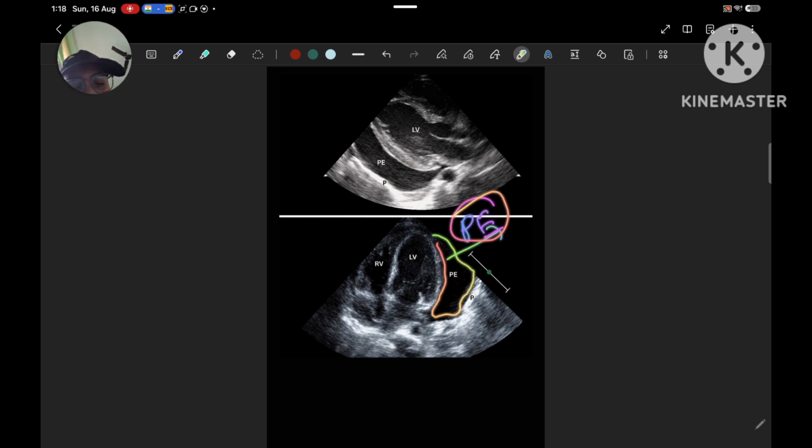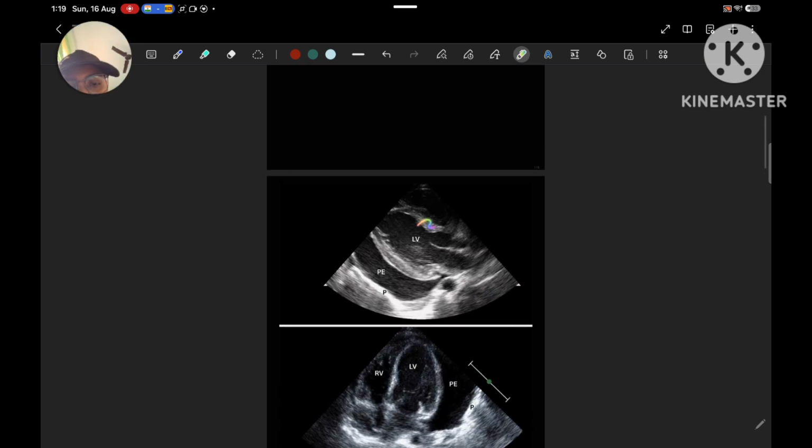This is the pericardial effusion. This black color indicates that fluid accumulated surrounding the heart chambers, means in the pericardial sac, and this fluid inside the pericardial sac creates pressure on the heart chambers mainly, and thus the cardiac tamponade happens.